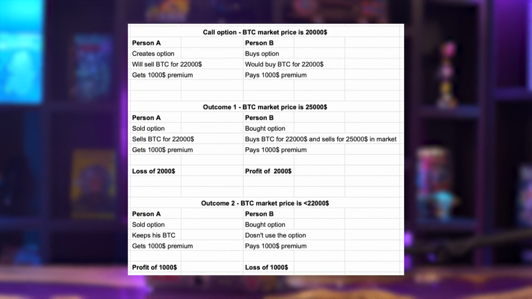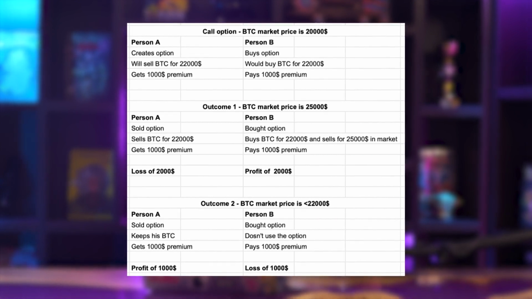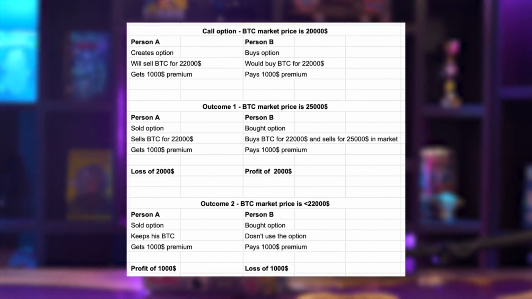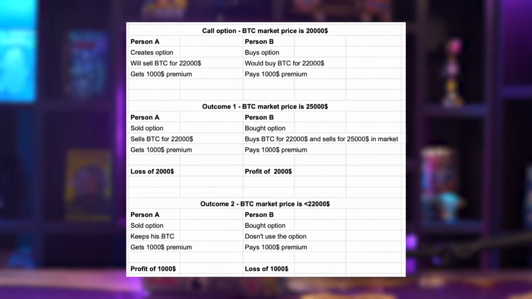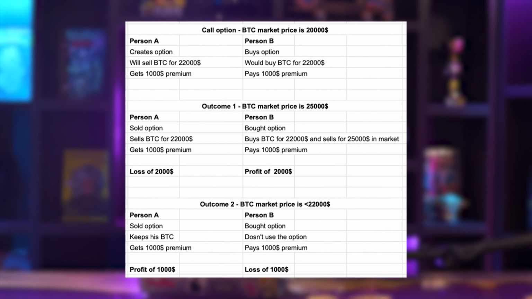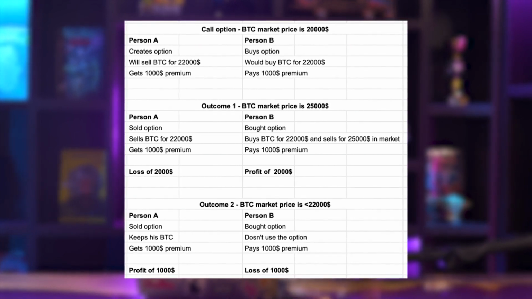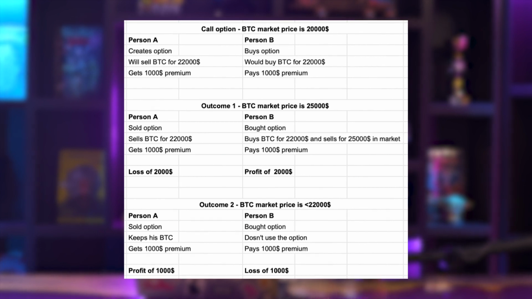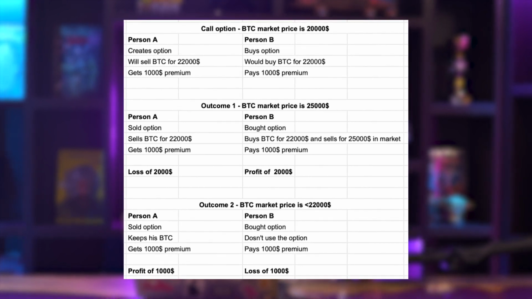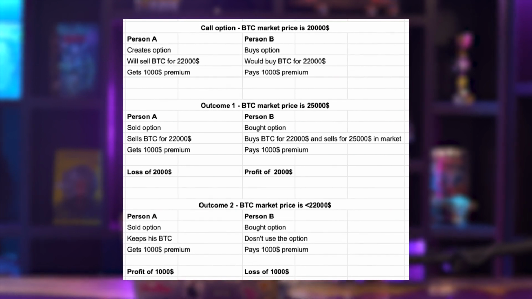And he also pays the $1,000 fee to person A. Thus, person B loses $1,000 and person A earns this $1,000. Also, person B doesn't execute this option since, again, he wouldn't make any profits. And in this case, person A keeps the assets that he bought previously, Bitcoin, and tops that up with the premium that he obtains.